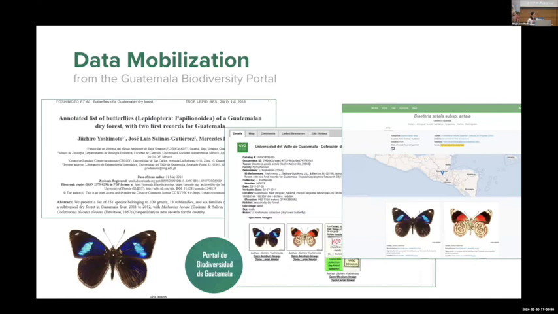This really easy access to digitize and share data has encouraged a lot of researchers, as I was saying, to share their data. For example, there is this project of digitizing butterflies that have been published in prior scientific papers. So it is really nice to see now the specimens available online and not just the checklist with text in the scientific papers.